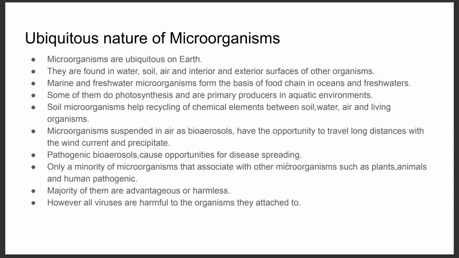That means most of the microorganisms are advantageous for us, for the plants, for the animals. Only a minority are pathogenic. They can give these kinds of statements for the last 5 questions. Statement questions.